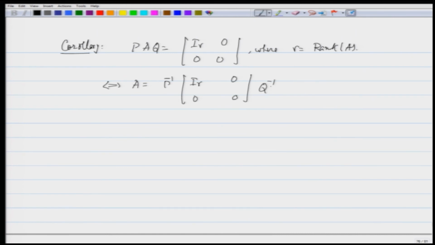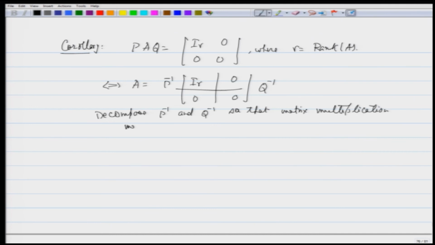Now, I want to decompose P inverse and Q inverse so that matrix multiplication makes sense. All right, so let us see here, I have I_R here, 0 here, 0 here, 0 here.